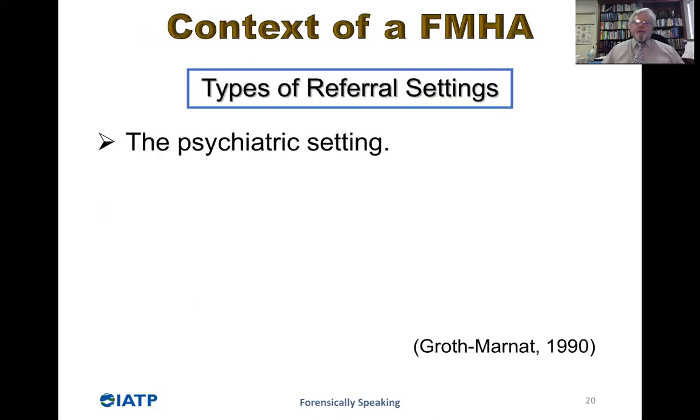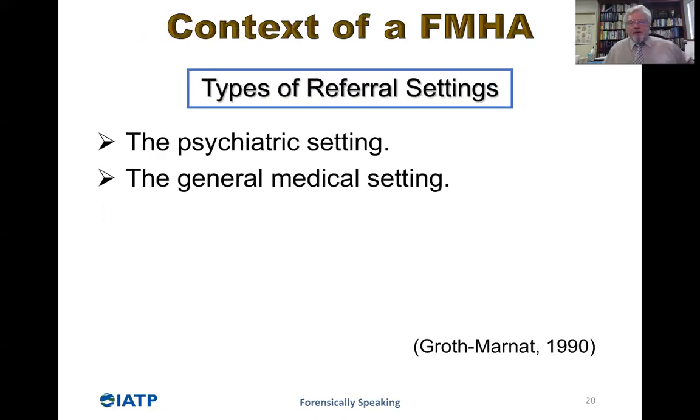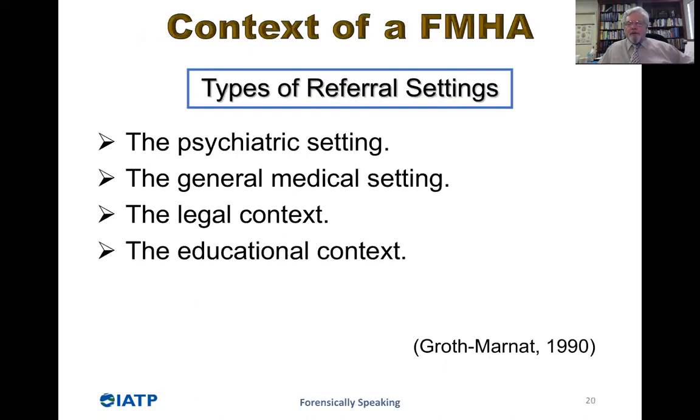And then the types of referral. Well, again, this goes back to what your wording is going to be, the verbiage. The psychiatric setting, you may have a psychiatrist that is asking for an evaluation. You may have a clinical psychologist, or a school psychologist, asking for specifics. What am I looking for from them?